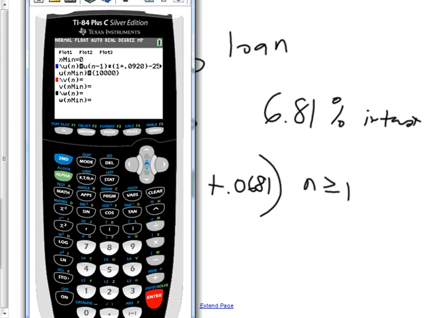So I should change this because I suggested you go with U sub year 2015 is when we borrowed the money. So then I'm going to go to my table settings also and change that to start in the year 2015. If you were having trouble with your table, that might be the reason. You got your table settings changed? Try that. And then I'm going to go to the table.